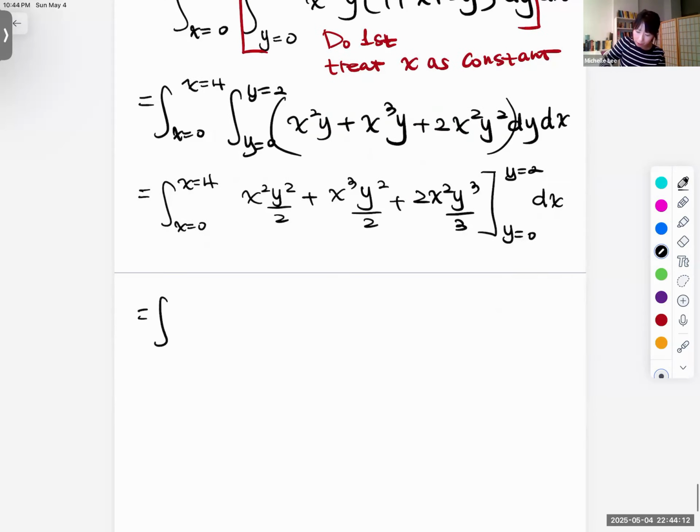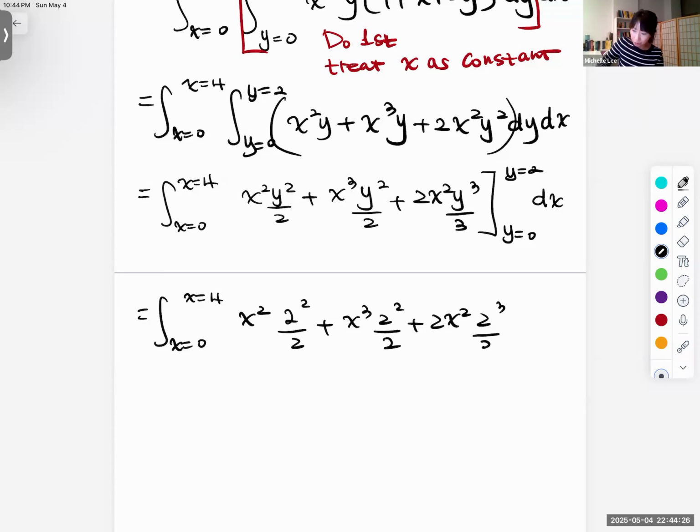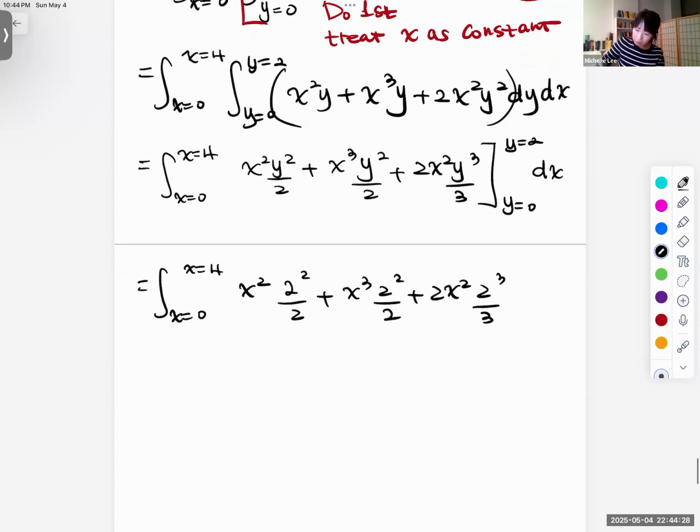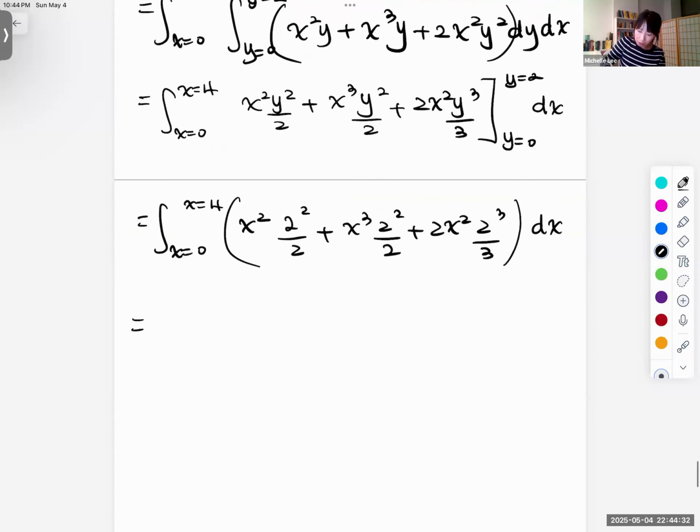Okay, so there will be x equal to 0 to 4, x squared 2 square over 2 plus x to the third power 2 square over 2 plus 2x squared 2 to the third power over 3, dx.